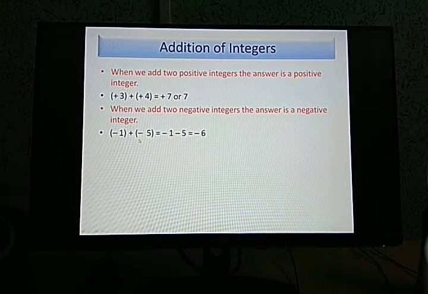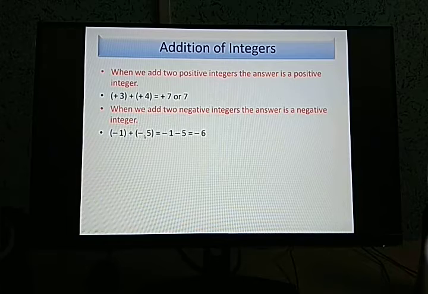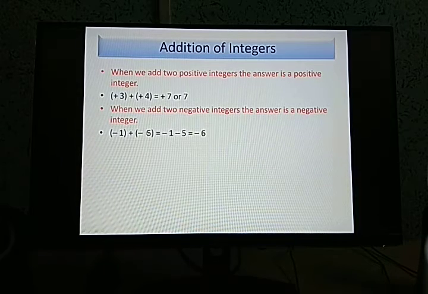Now one more thing I want to put into consideration here. You can see that this plus sign is there. This directly indicates that addition is done. But since the next number is a negative number, whenever there is a positive sign and a negative sign, it ultimately turns into a negative sign.